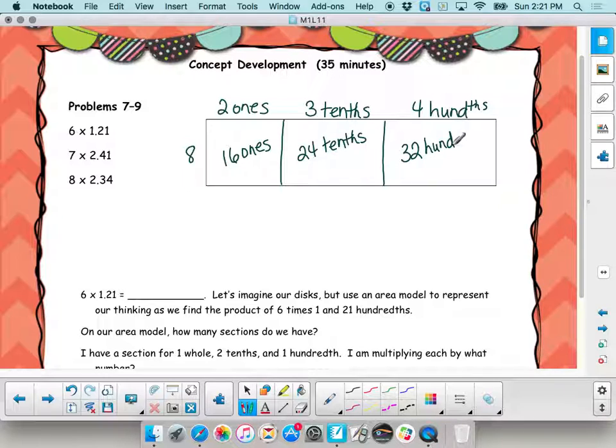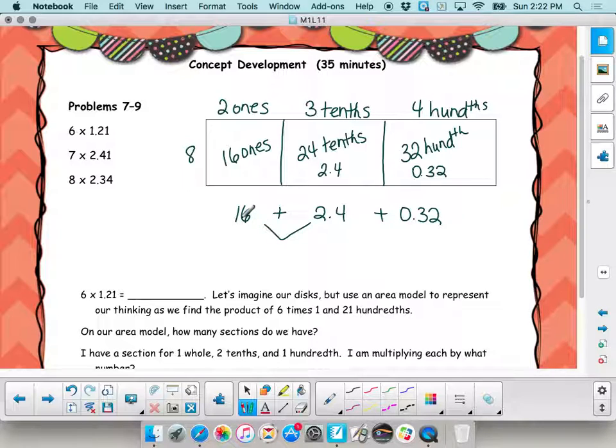Okay, this one looks kind of complicated. So let's rewrite 24 tenths as a decimal, 32 hundredths as a decimal, and 16 ones is already written correctly. So we've got 16 plus 2.4 plus 32 hundredths. So let's add the first 2 first.